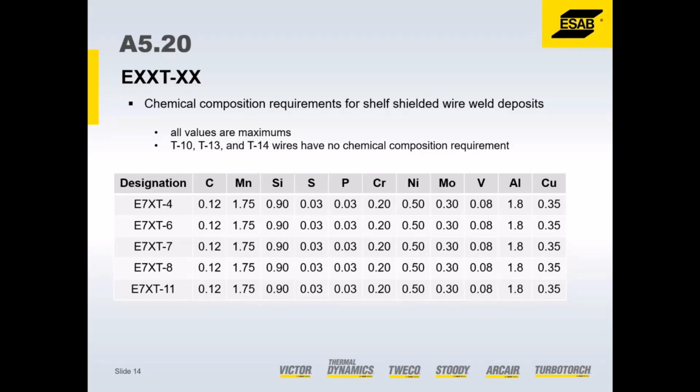And if you note the higher level of aluminum in these, it is permitted for that self-shielding characteristic, and that's because aluminum reacts with the nitrogen in the atmosphere to help prevent porosity.